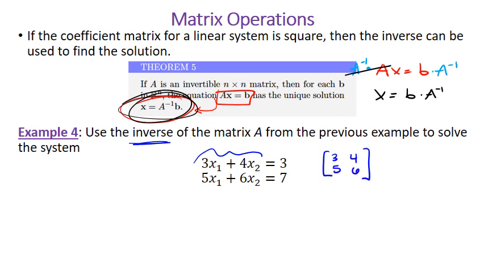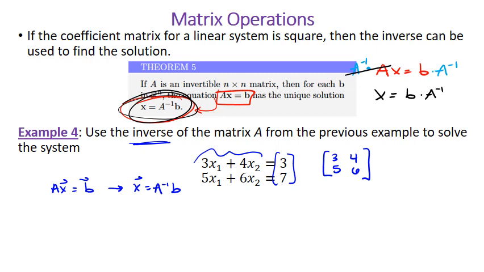So we had this matrix in example 3, and we found the inverse of this in the previous example. So the system here that we have, so AX equals B, is the same thing as X is equal to A inverse times B. And remember, this is B.